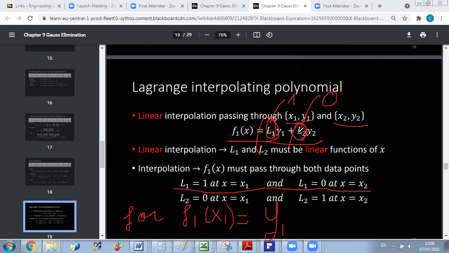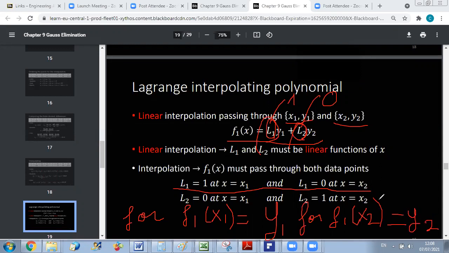Now, similarly, how to define L2? The definition of L2 will come from the second condition. The second condition is that for f1 at x2, I should obtain y2.